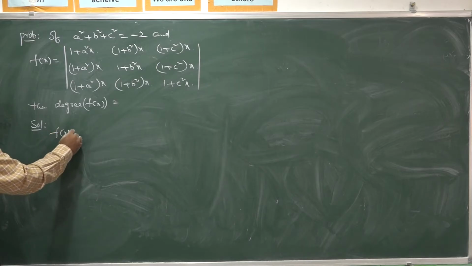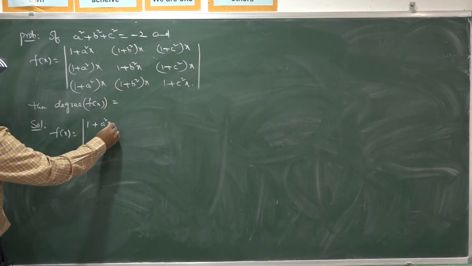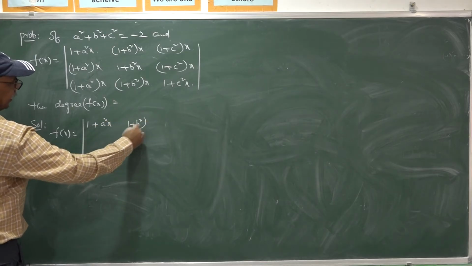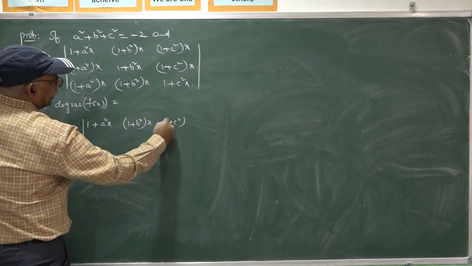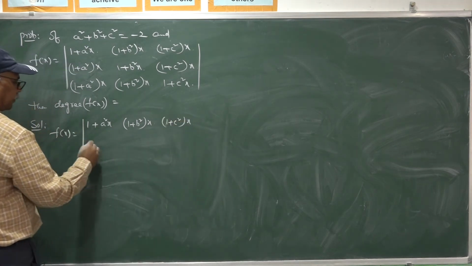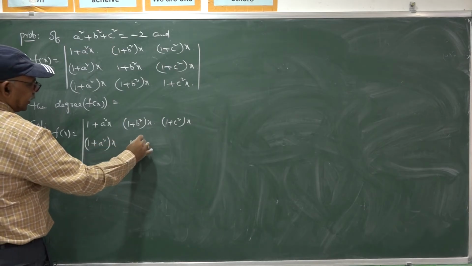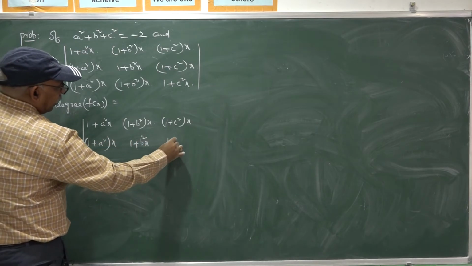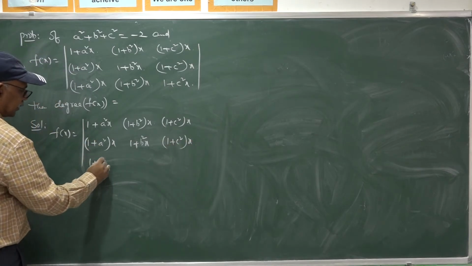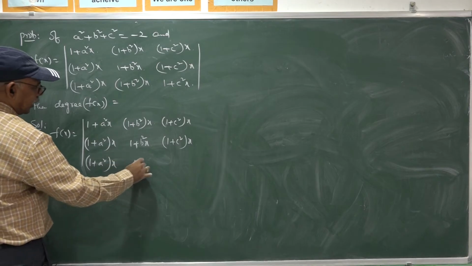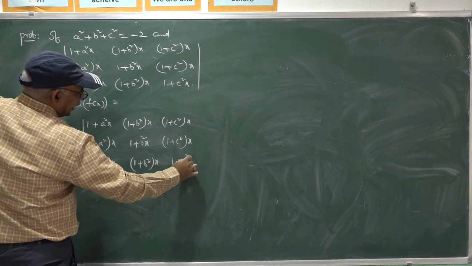Let us consider fx: 1 plus a square x, 1 plus b square into x, 1 plus c square into x; 1 plus a square into x, 1 plus b square x, 1 plus c square x; 1 plus a square into x, 1 plus b square multiplied by x, 1 plus c square x.